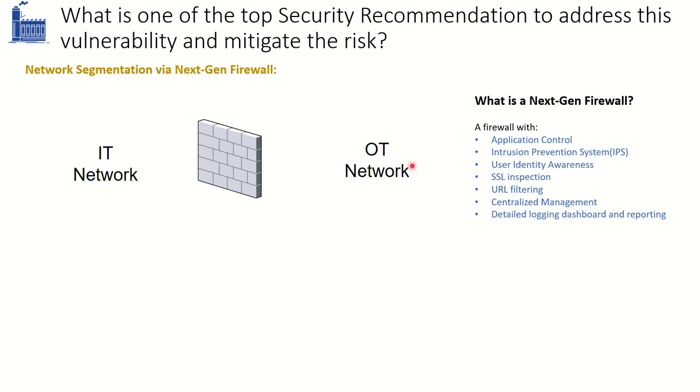You cannot install endpoint security controls such as anti-malware or antivirus software. You cannot implement strong authentication mechanisms in HMIs, PLCs, and these devices, because they are running firmware, which are hardened devices, and they cannot be installed with these endpoint security controls.